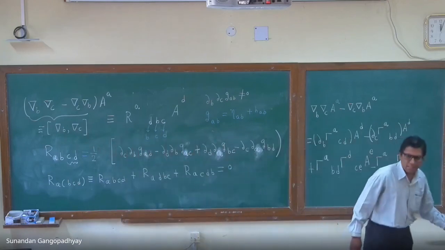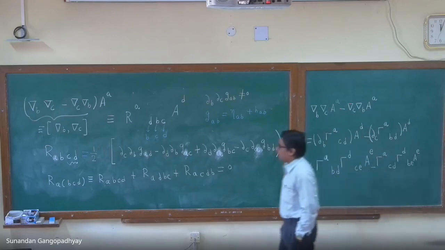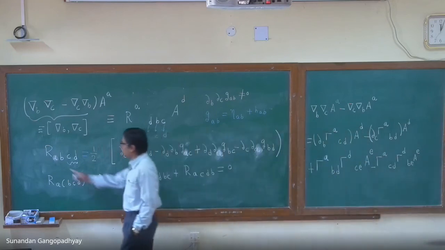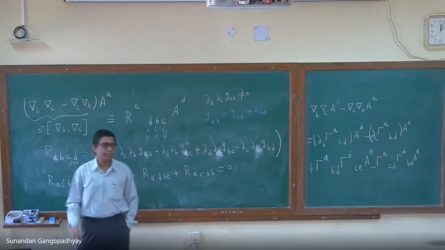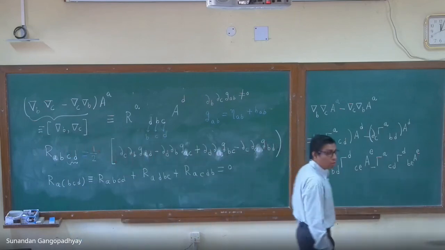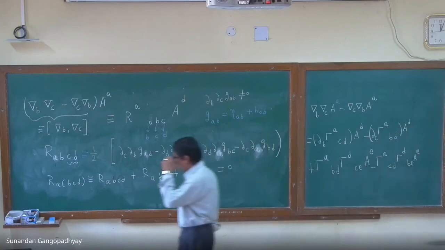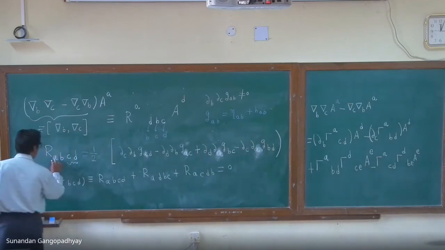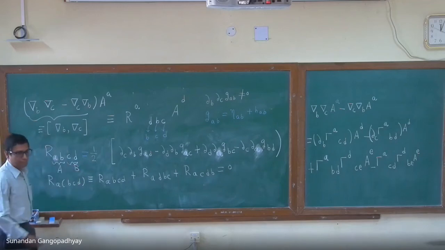Now the question is, how many independent components are there for this object? Do one more calculation. Please check. See, this A B, I can call it capital A, this capital A. Okay.